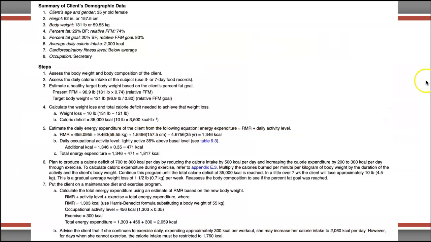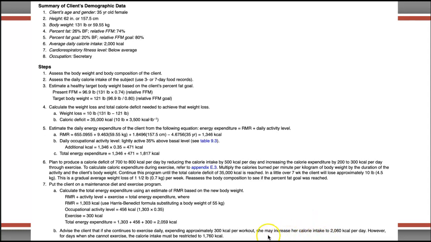So where you were going to go with this is, in order to get this person to lose weight, they take their resting metabolic rate plus exercise. So there plus there. And then exercise is going to be 300. So their energy expenditure is going to be 2,059. We invite the client to continue exercising daily, expending approximately 300 kcals per exercise workout.